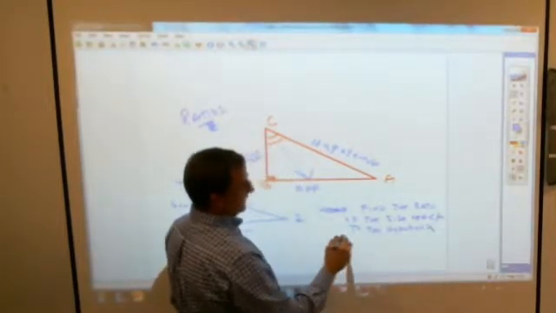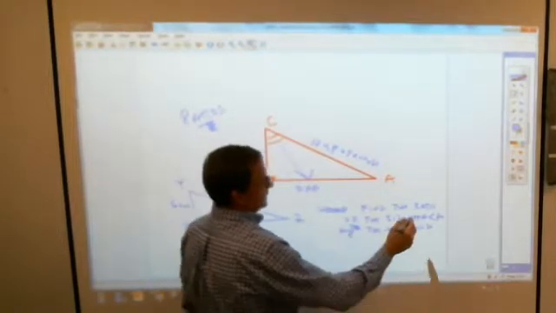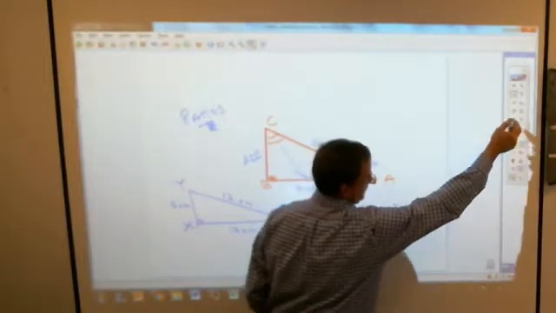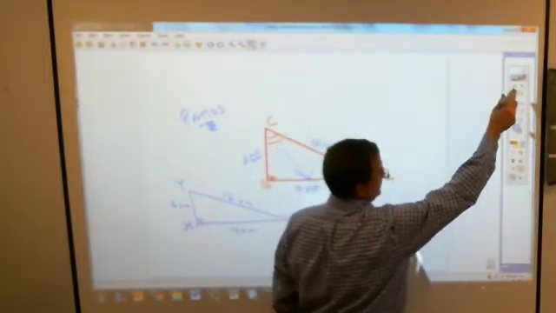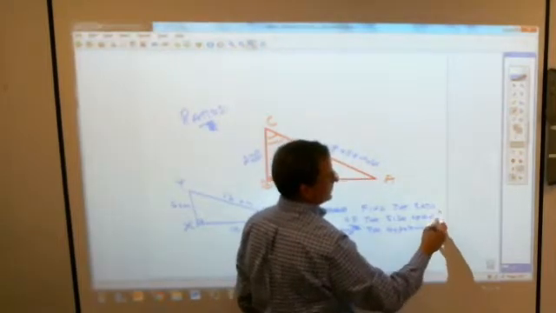Let's do angle Z. It can't be the right angle; it has to be one of the two that's not the right angle.